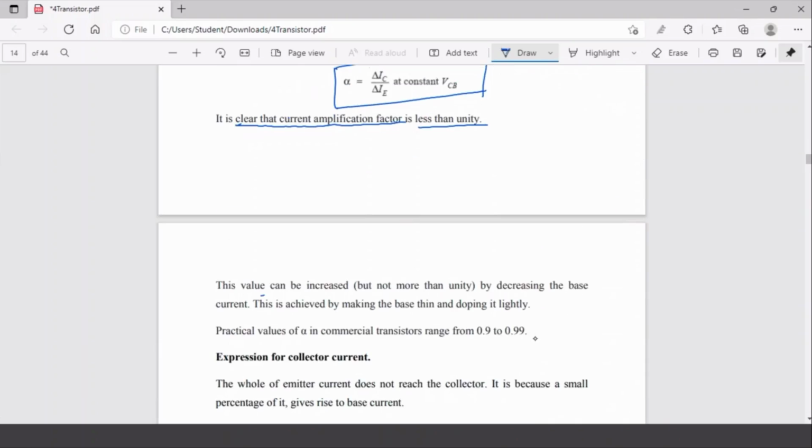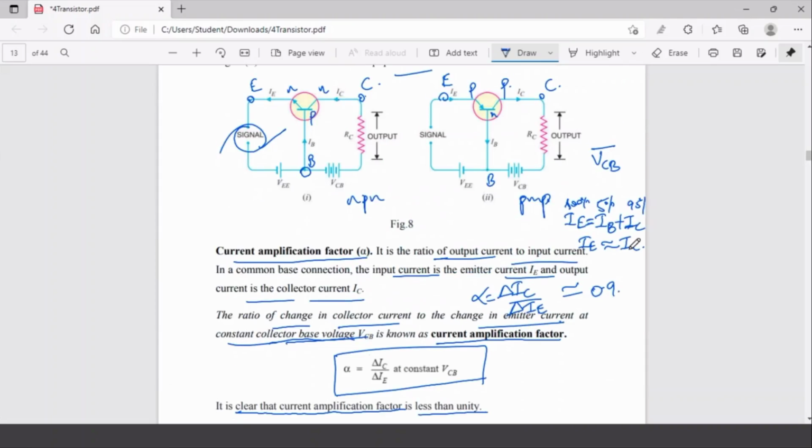So this value can be increased by decreasing the base current. How can this be increased? Just now we have seen IE is equal to IB plus IC. If you want to increase alpha, what should we decrease? The thickness of the base layer, because 5% recombination is taking place.